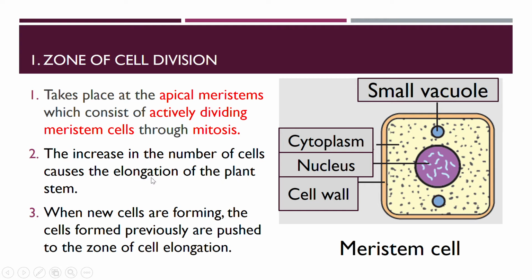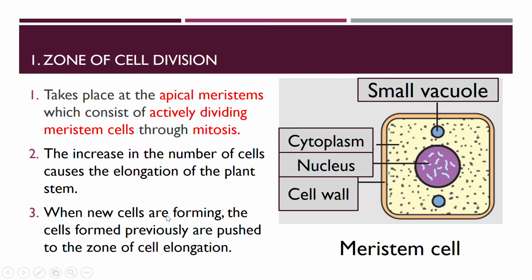Daripada anak benih, anak pokok, dia jadi tumbuhan dewasa, dia makin memanjang. Okay, why? Because of the increase in the number of cells, and that is mitosis. Kita cakap apical meristems ini memang aktif membahagi.